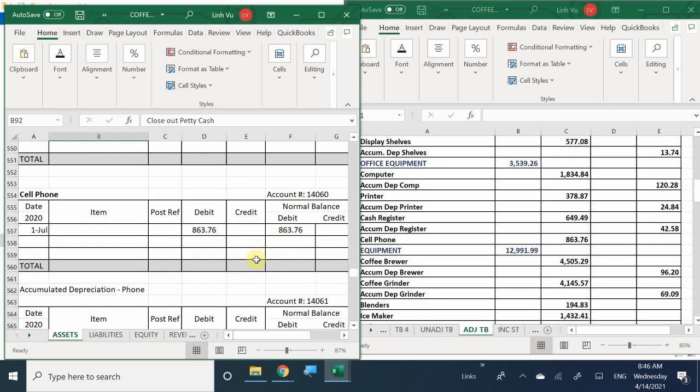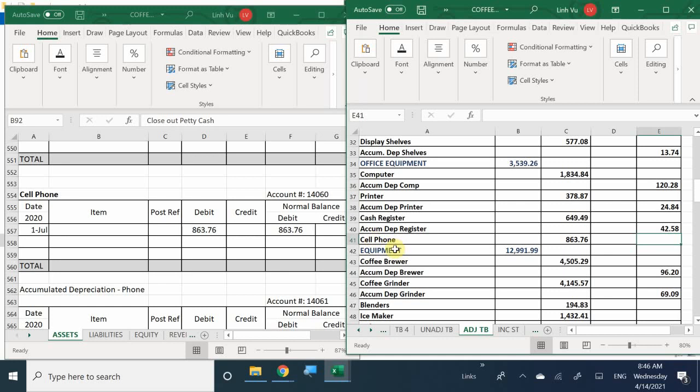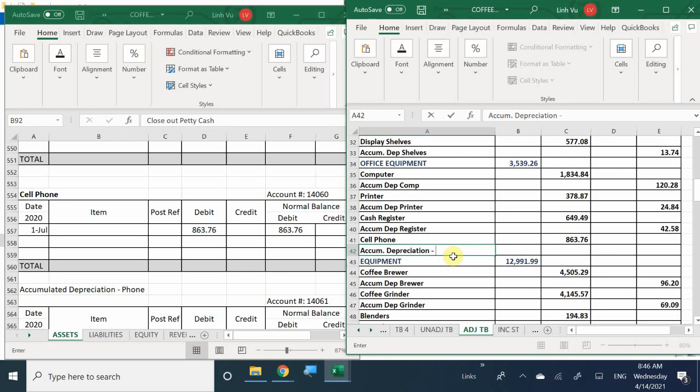And last, we also got a phone for the company, right? Okay, so we bought a phone. Here I have it on here, but I don't have accumulated depreciation, so I need to add that account in there. Accumulated depreciation, phone. Okay, and I'm going to have to add that extra piece in here.